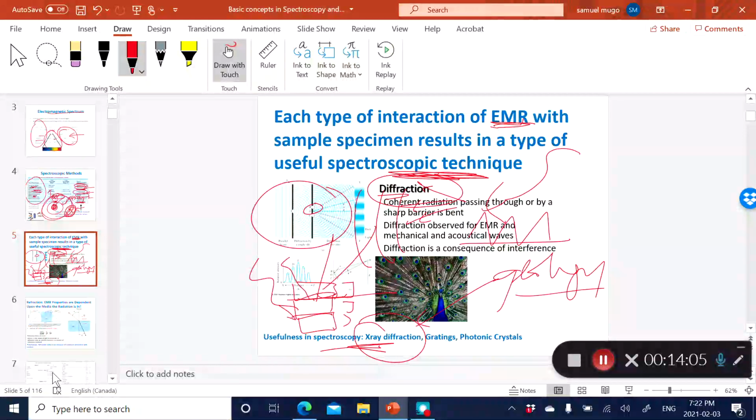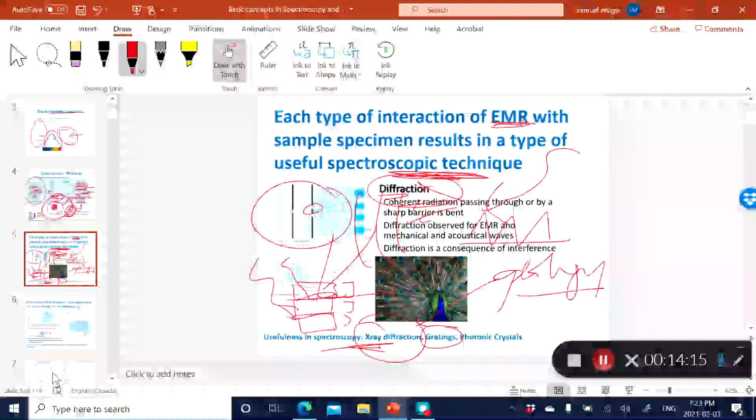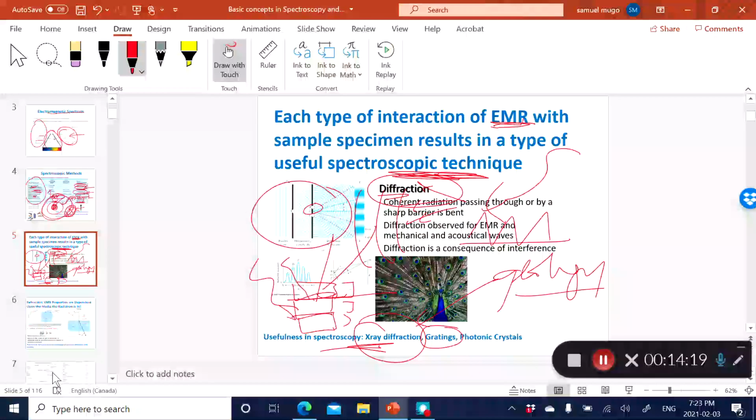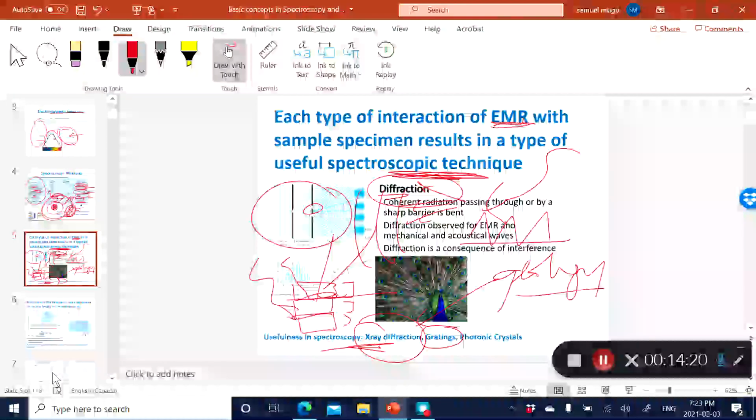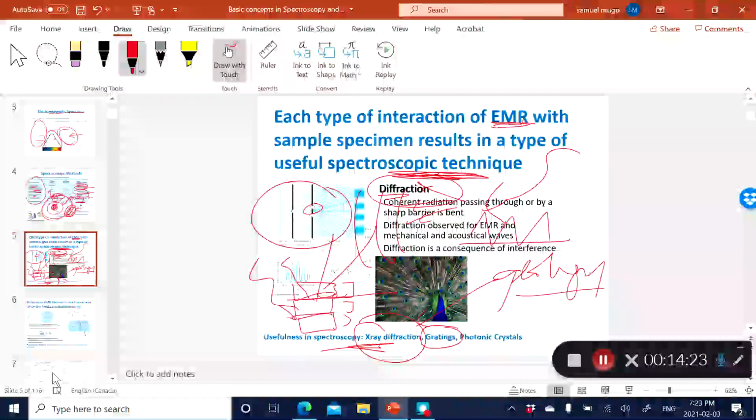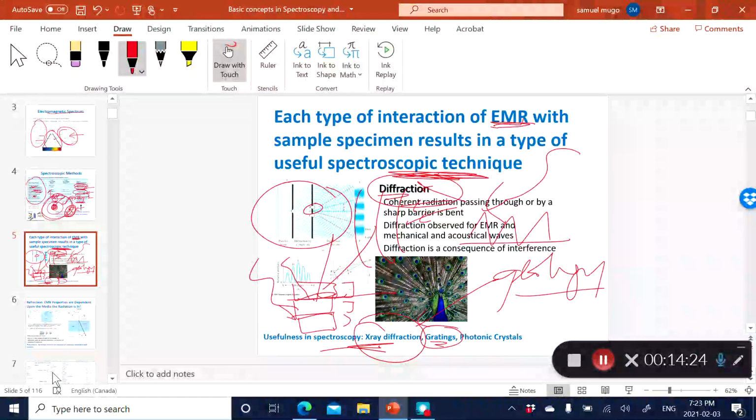Now, diffraction is also very useful in terms of making different types of components that are used in spectroscopy. For example, and we're going to talk about this in detail a little later, when you're doing atomic absorption spectroscopy, you typically need a monochromator. And in most monochromators, the dispersive element is based on what you refer to as a grating.